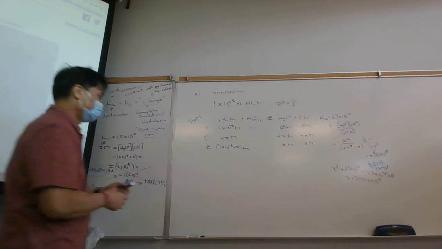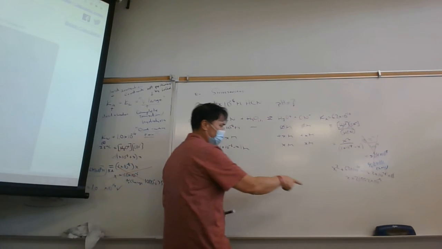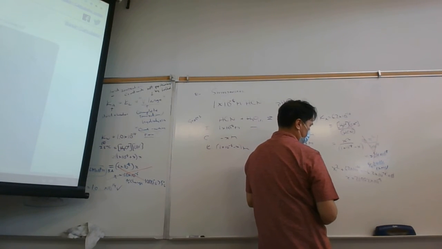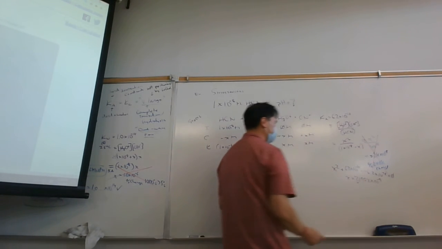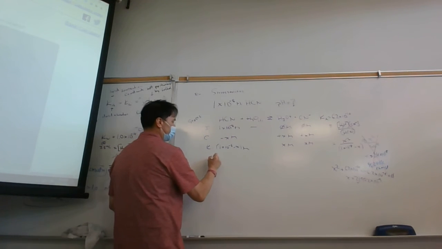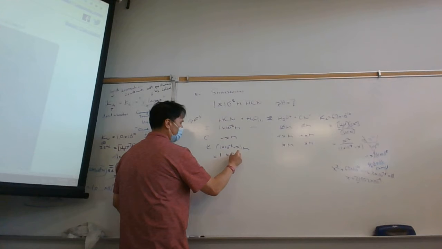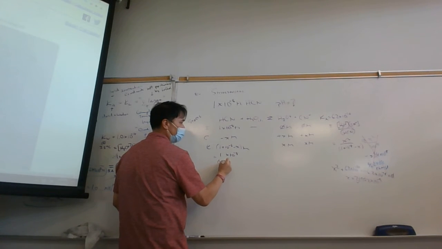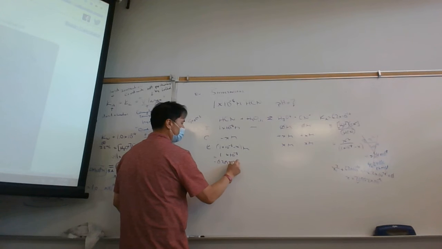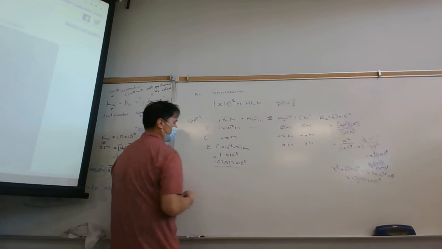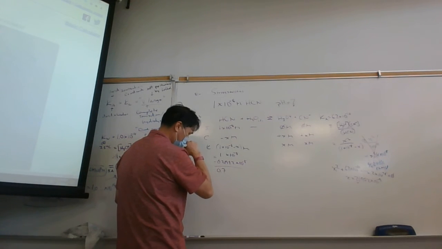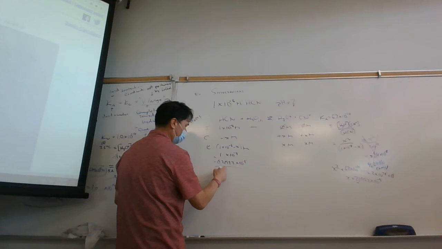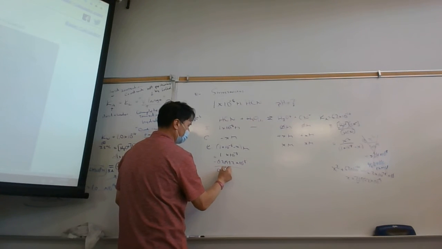All right, let's plug that in here and let's see. Okay, if that's 10 to the minus 9, we'll make this bigger and the coefficient smaller. So we're going to make this 10 to the minus 8, so it's going to be 0.21. And so this is going to equal 1 times 10 to the negative 8 minus 0.21992 times 10 to the minus 8, which is going to give us 0.78008.